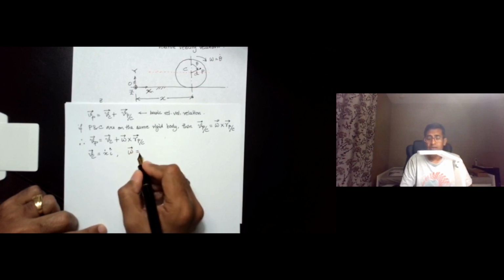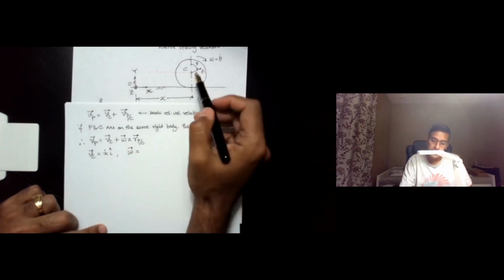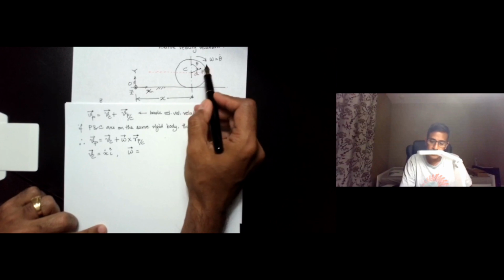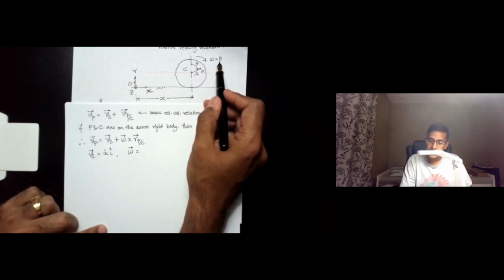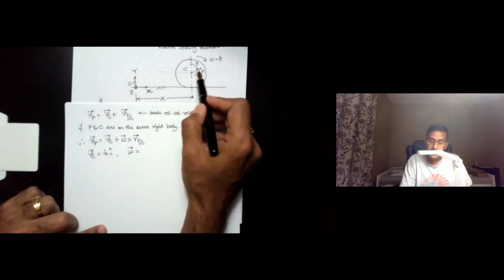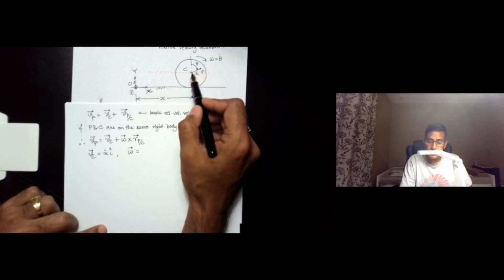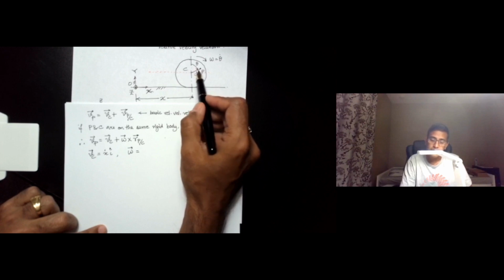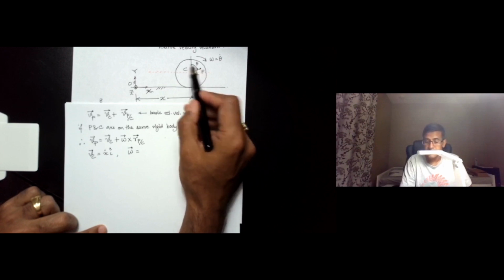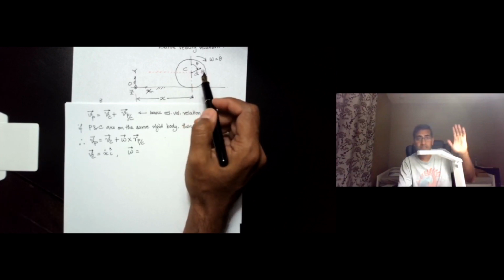Omega is the net angular velocity of this rigid body, and the angular velocity of this rigid body is theta dot. Why is it theta dot? Because theta represents the angular position of P with respect to C, and that orientation is measured with respect to an inertial, fixed direction.